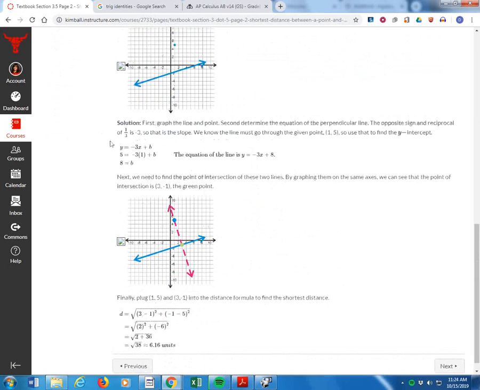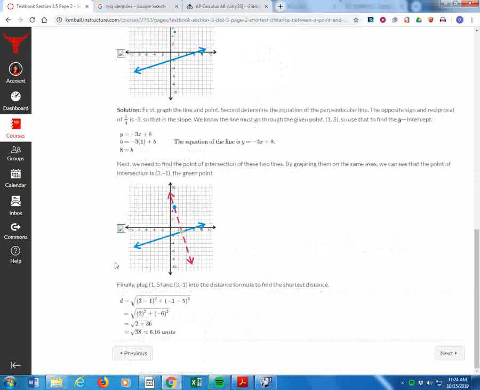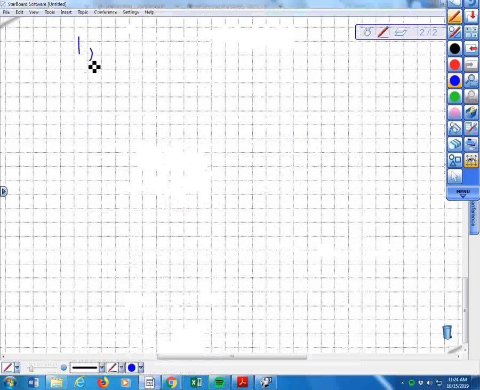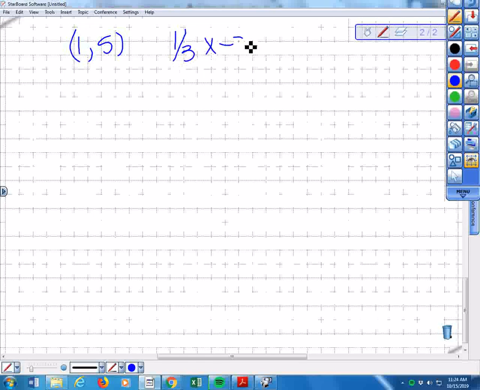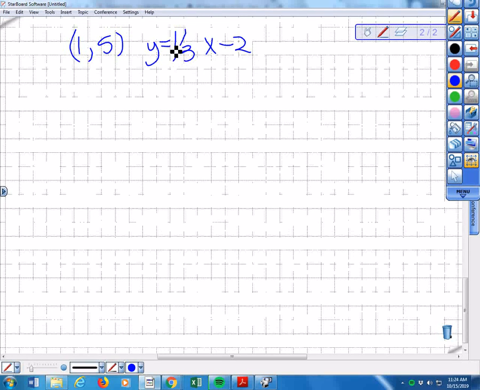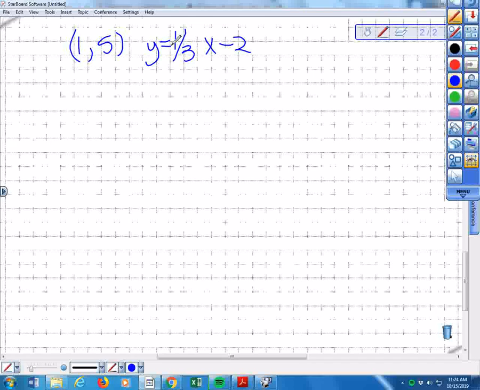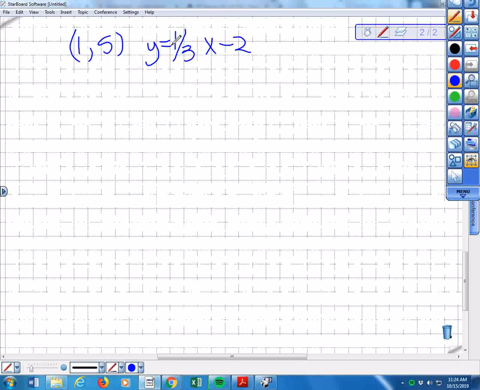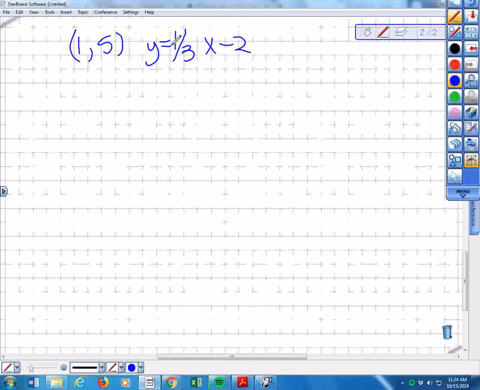What's the question? 1, 5, 1/3 x minus 2. Okay. This question wants to know what's the shortest distance from this point to the given line.